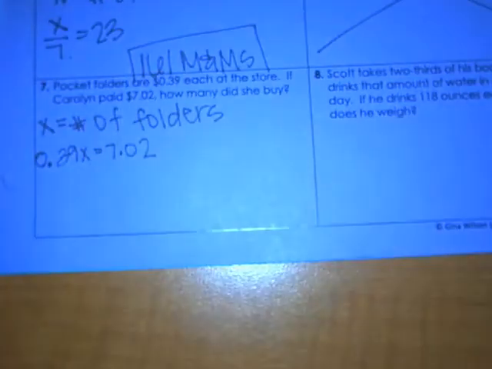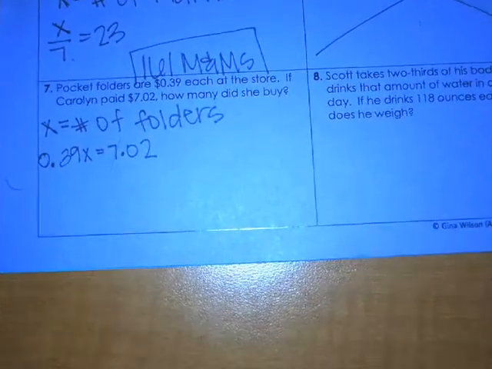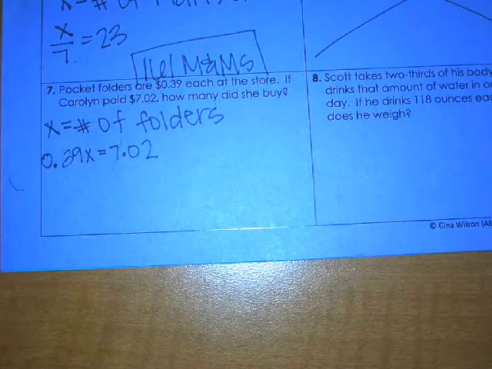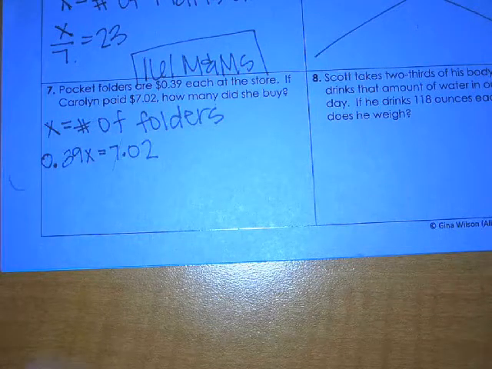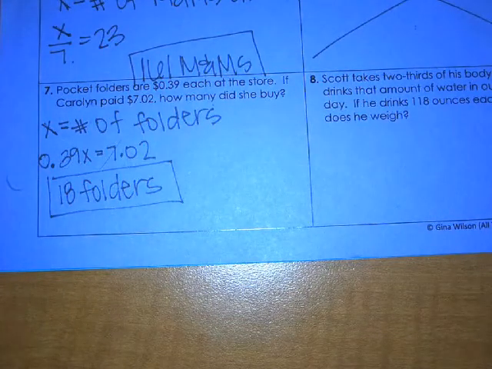So you should have 0.39 x equals 7.02. That is your equation because it's 39 cents times the number of folders that you buy equals $7.02 that you paid. So how many folders did we buy, everyone? 18 folders. Very good. Questions on number 7.